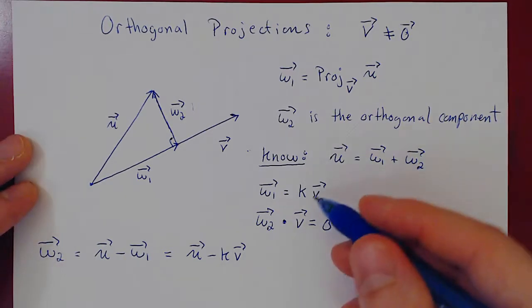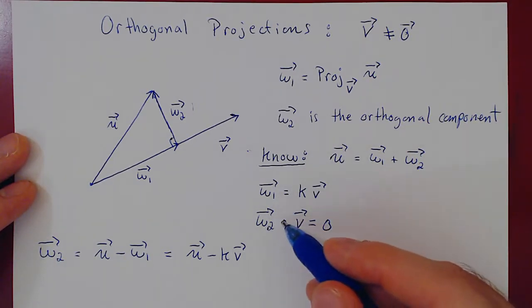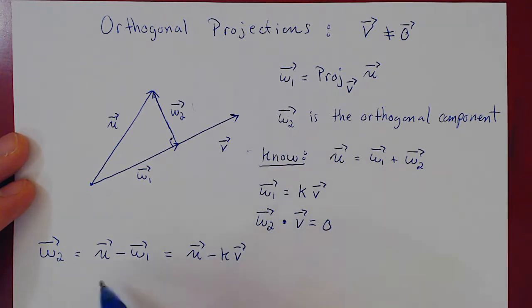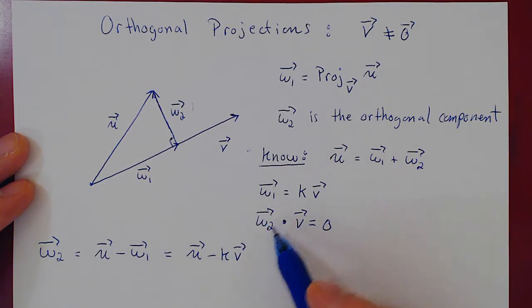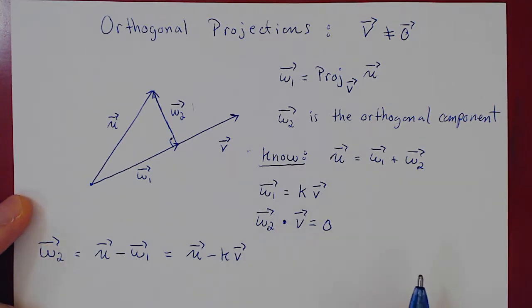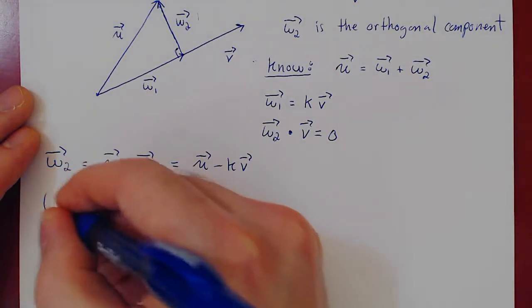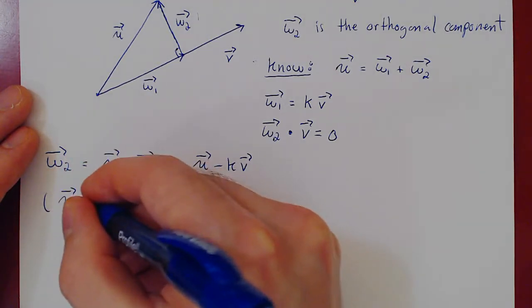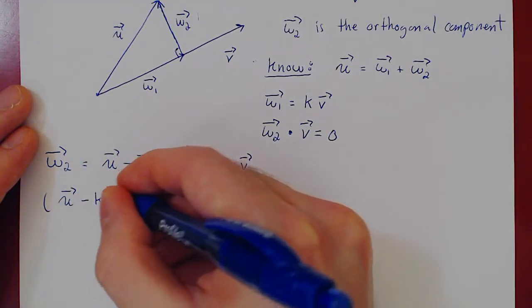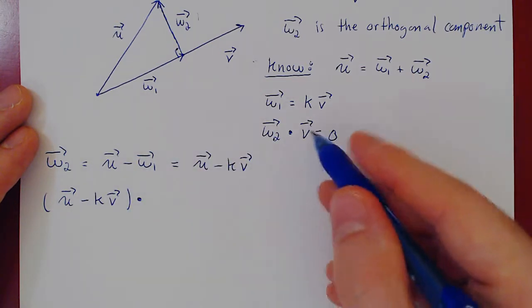And now let us plug this in the third equality. The vector w2 dotted with v must be equal to 0. Let us replace in here w2 by u minus kv. Let's see what we get from this. w2, which is u minus kv, dotted with v must be 0.